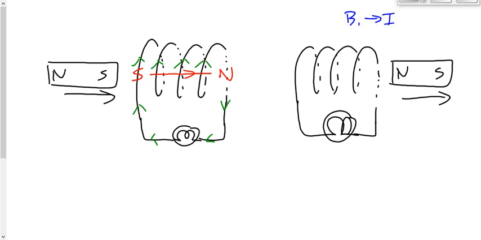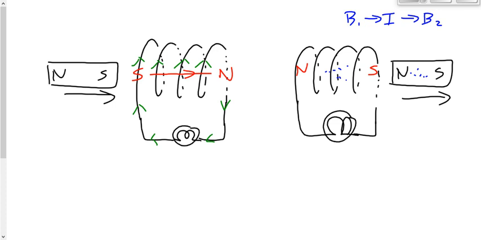That current generates a magnetic field. Now we get two magnetic fields. The original magnetic field and the magnetic field that was generated by the current. The new magnetic field, B2, is going to look like this, with a north pole and a south pole.